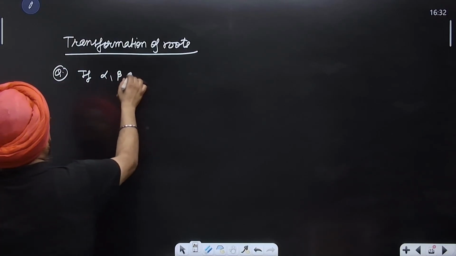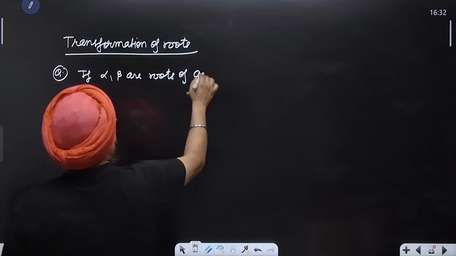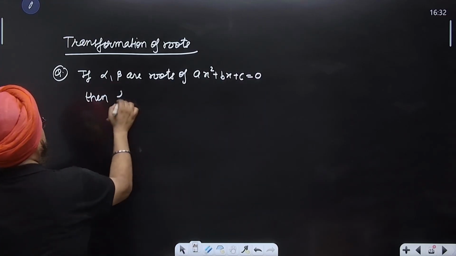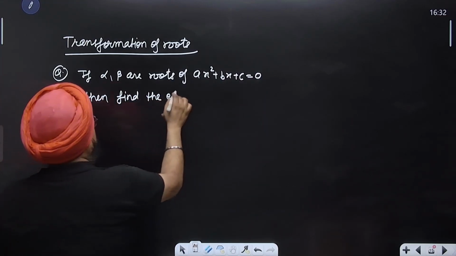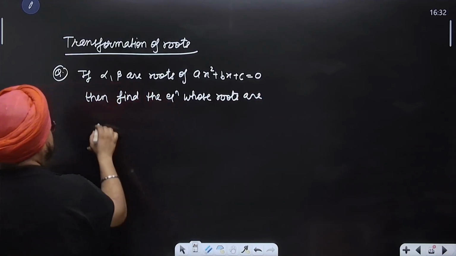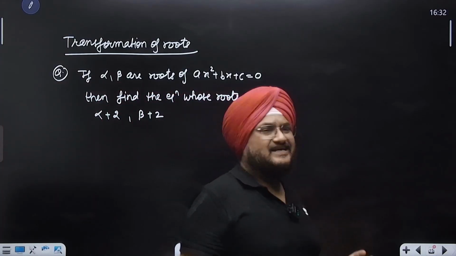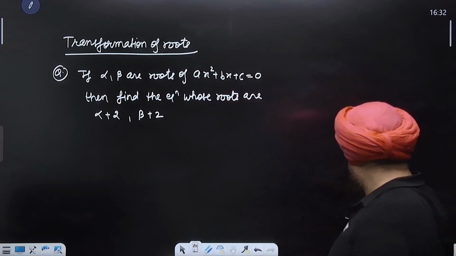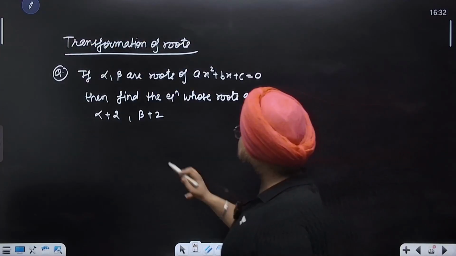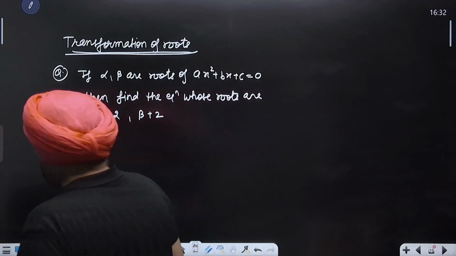If alpha, beta are roots of a quadratic equation ax square plus bx plus c equal to 0, then find the equation whose roots are, let's say, alpha plus 2 and beta plus 2. We will solve this example by two methods. One by taking sum and product, and another by using transformation of roots. Transformation of roots we will use more often.